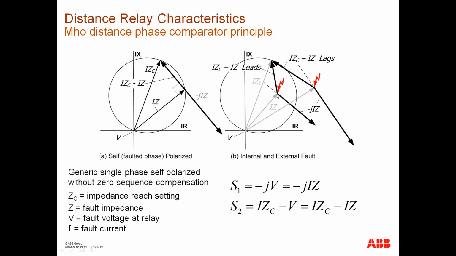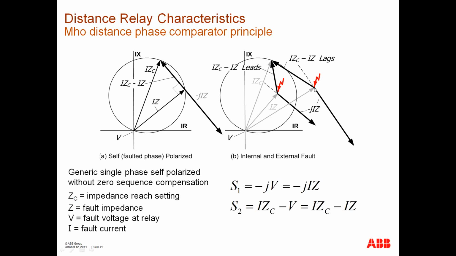So if the fault is inside the circle, you can see that I(ZC minus Z), this quantity right here, is leading this quantity. If it's in the counterclockwise direction, less than 180 degrees, it's leading.